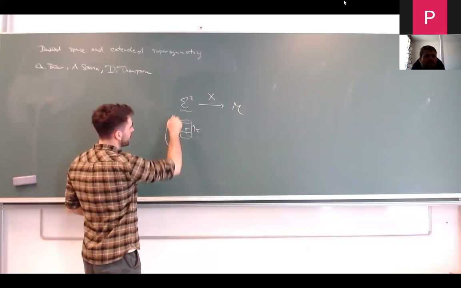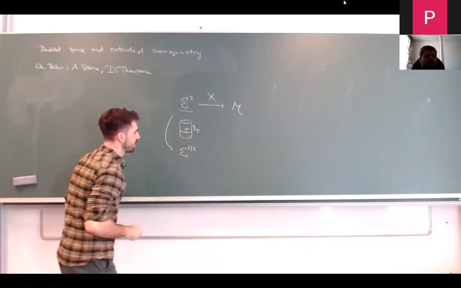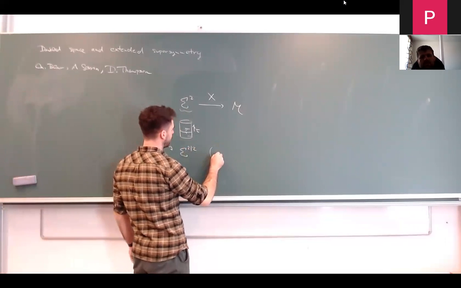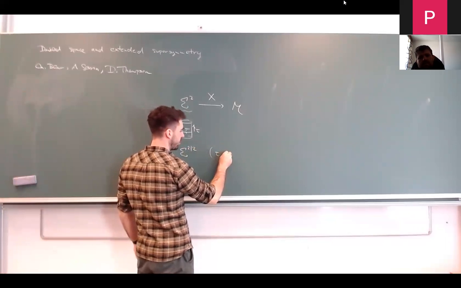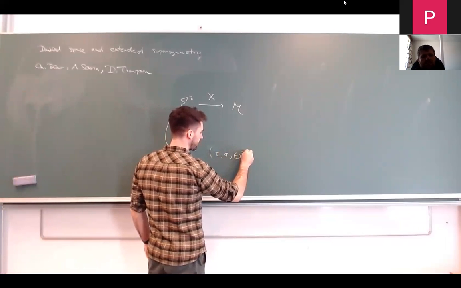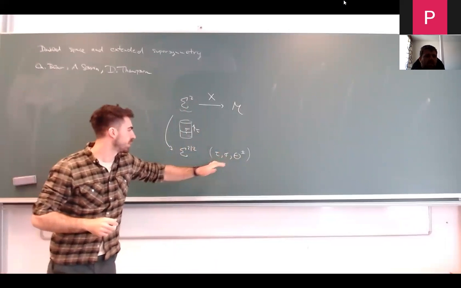So we will replace this one by a super Riemann surface, meaning that we will not only have the tau and sigma coordinates, but also two fermionic coordinates on top of the two bosonic guys.